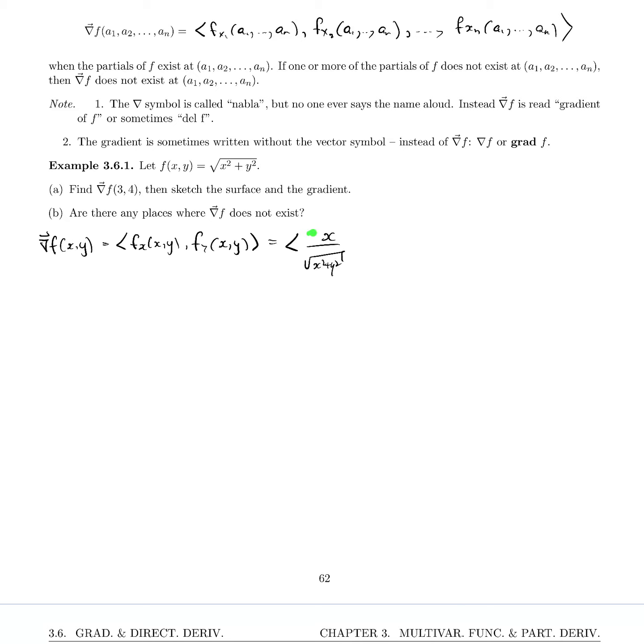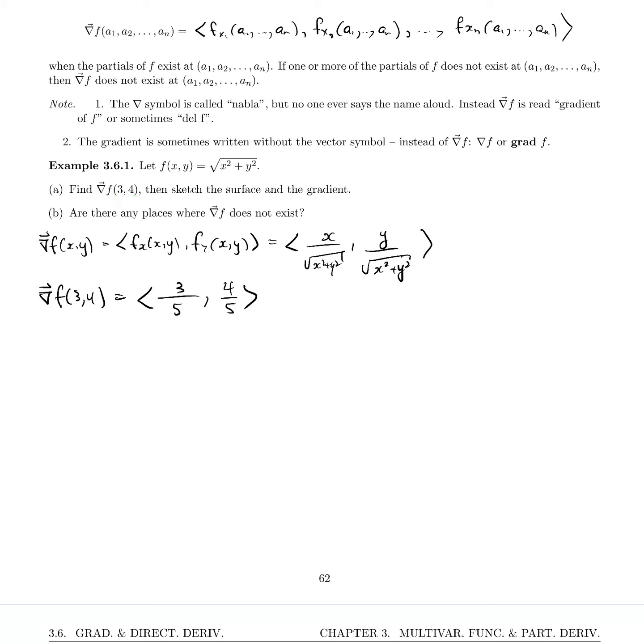There were 2's in both of these places that got canceled out, and also the y component, y over the square root of x squared plus y squared. That's the gradient vector at any point x, y. If we want the gradient at 3, 4, we're going to plug in 3, 4, and so that's going to be 3 over the square root of 3 squared plus 4 squared, which is 5, and 4 over 5. So there's the gradient at 3, 4.